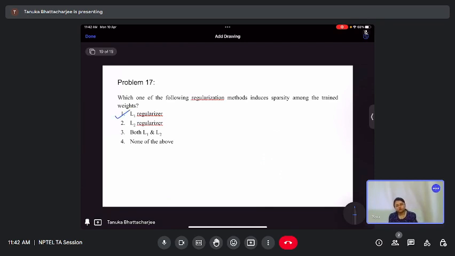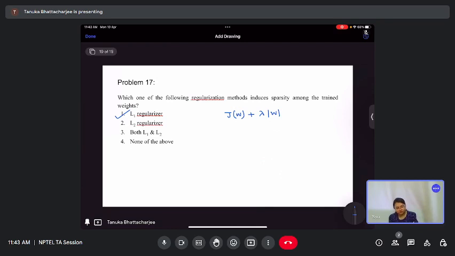So if your task related loss is, let's say, J(W), where W are the weights. In case of L1 regularization, you add the regularization term as lambda times the L1 norm of W, so basically the sum of absolute values of the different elements of the W vector.